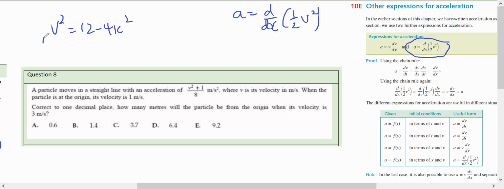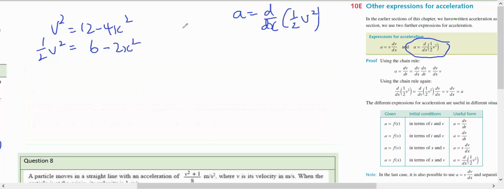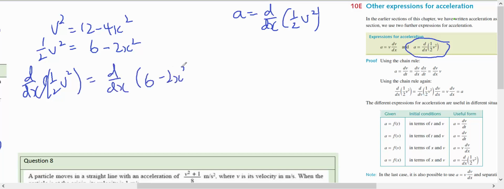A half v squared is going to be 6 minus 2x squared, and d dx of a half v squared will be d dx of 6 minus 2x squared. The derivative of 6 is 0, and minus 2x squared gives minus 4x.